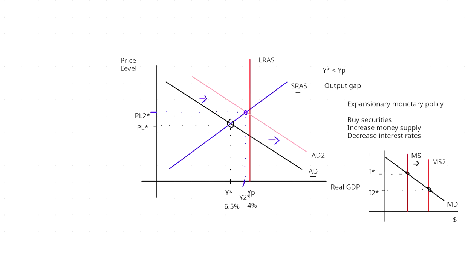Your long run macroeconomic equilibrium is kind of what you're targeting. You want SRAS to be equal to LRAS, which is equal to AD. This is what you're targeting. When they're all equal, that's what happens. So that's how expansionary policy works. Usually necessary when you have some significant output gap.